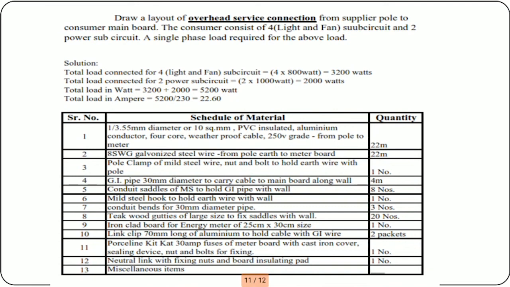Link clips of aluminum to hold cable with GI wire, 2 packets. Then porcelain KitKat 30 ampere fuse of meter board with cast iron cover, sealing devices, nut, bolt. So this is the complete setup. Then neutral link 1, and last, other miscellaneous items lump sum.